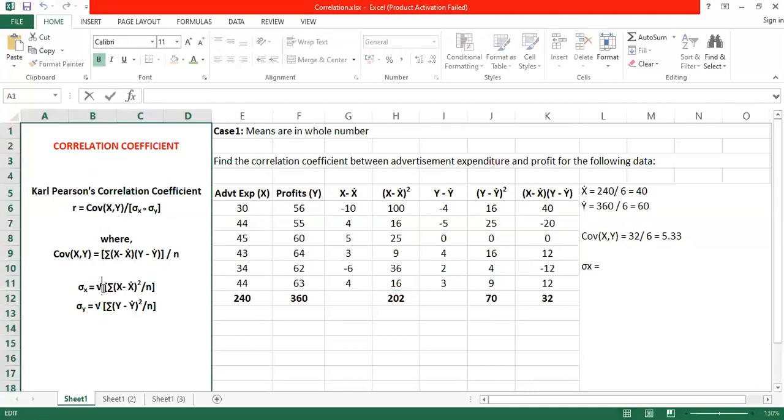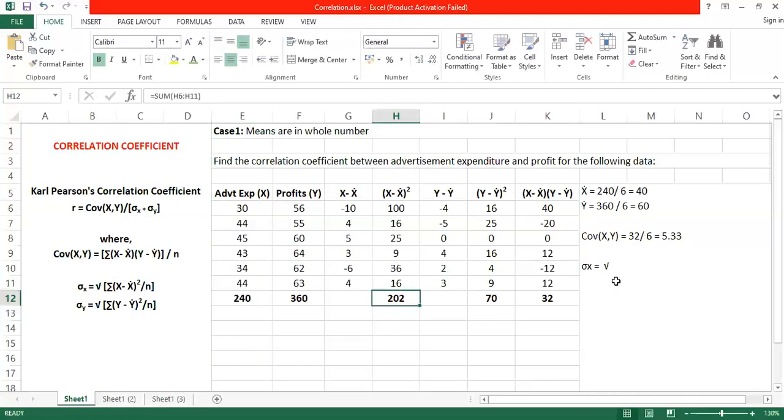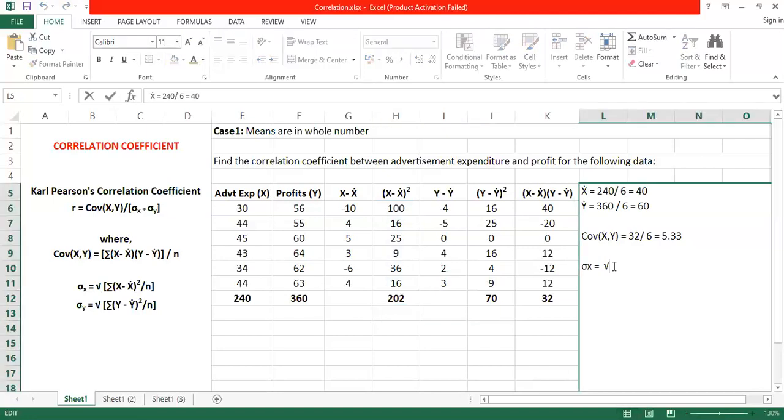So it is square root, 202 divided by, this is 6 observations, right? So 202 divided by 6 is 33.66.